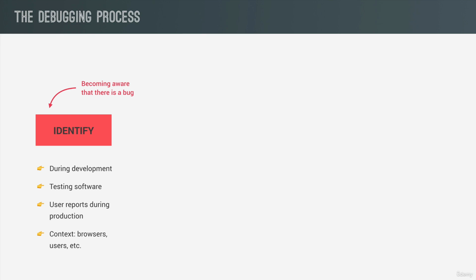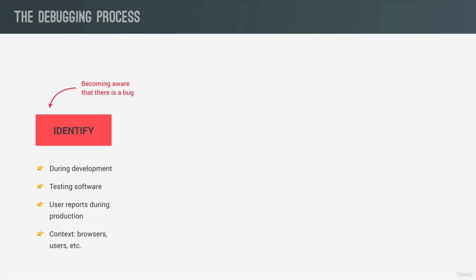So that's why it's really important to identify bugs early, for example, using automated tests. Now, while identifying the bug, sometimes we also need to take into consideration the context in which the bug happened. For example, certain bugs might only happen in a certain browser or only for certain users for some reason.